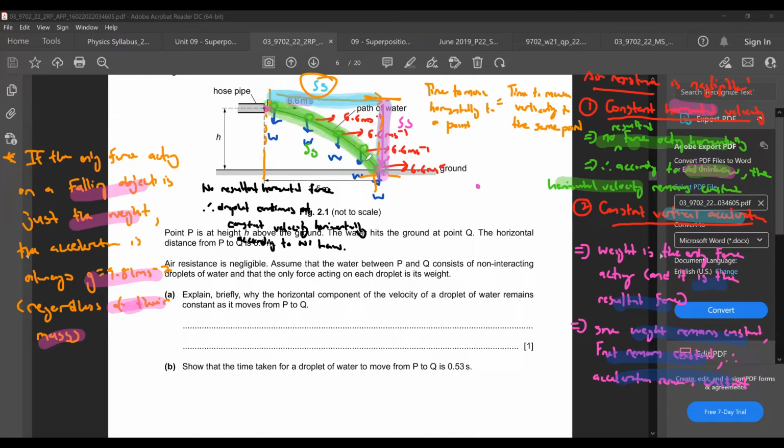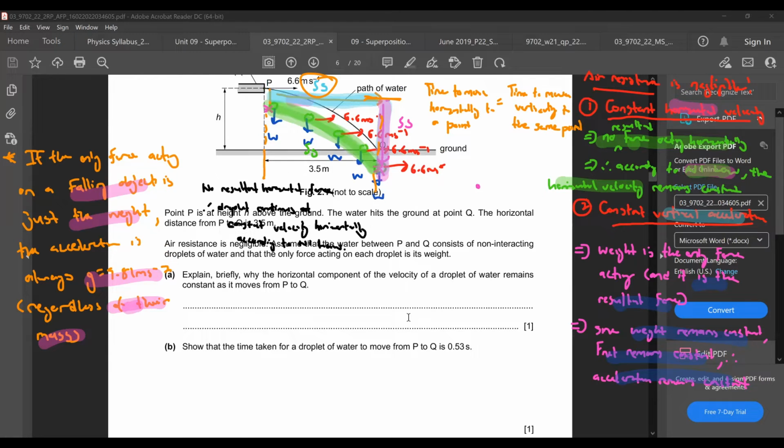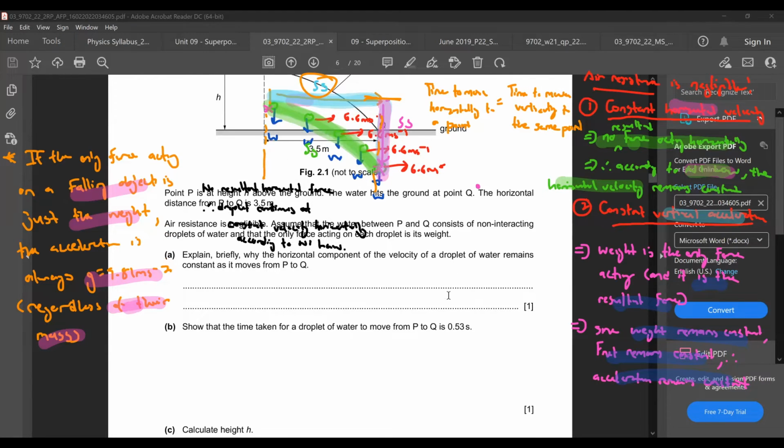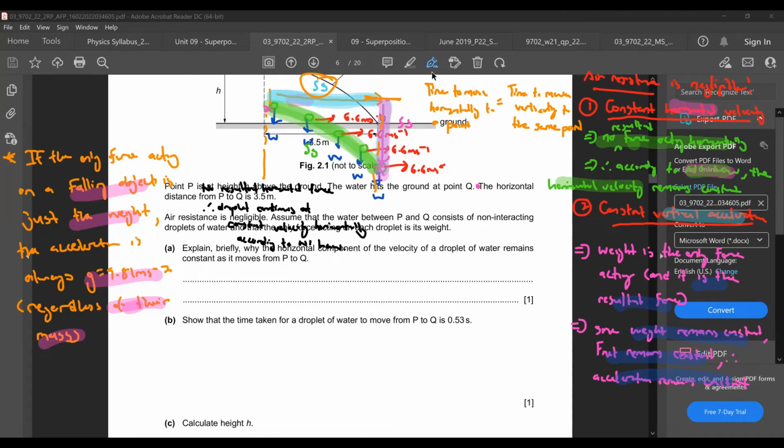So in your case, you will probably have an easier time considering the vertical motion. Usually we will take the vertical motion. So if you consider the vertical motion, I know that I want time. You can use s = ut + ½at².